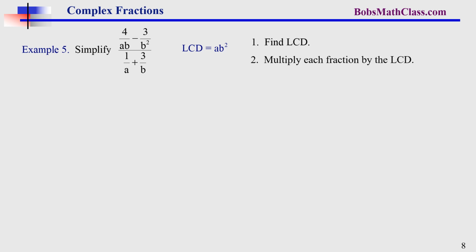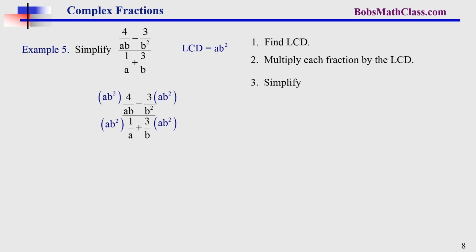Now we're going to multiply each fraction by the LCD. So you're just going to write that AB squared next to each numerator. Now we're going to simplify. So in the first fraction, an a cancels with an a on top, and a b cancels with one of the b's on top. On the second one, the b squares cancel, but not the a on top.